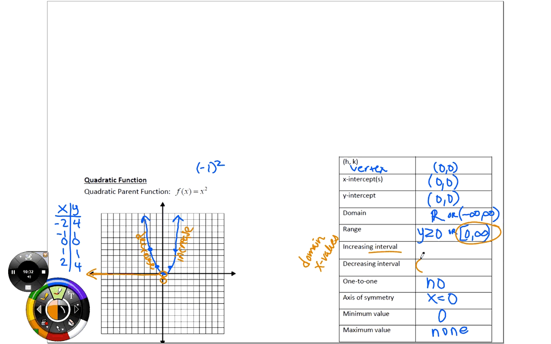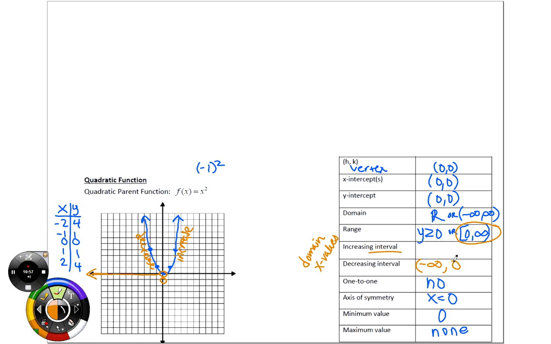Good. And because it's to the left side, we're going to call it negative infinity. I get that there's no real negative or positive value to it, but it just lets people know where we're coming from. So from negative infinity to 0. Now 0 is part of our graph, but is 0 part of the decreasing interval? That's hard to answer, right? If it is part of the decreasing interval, it's also part of the increasing interval.